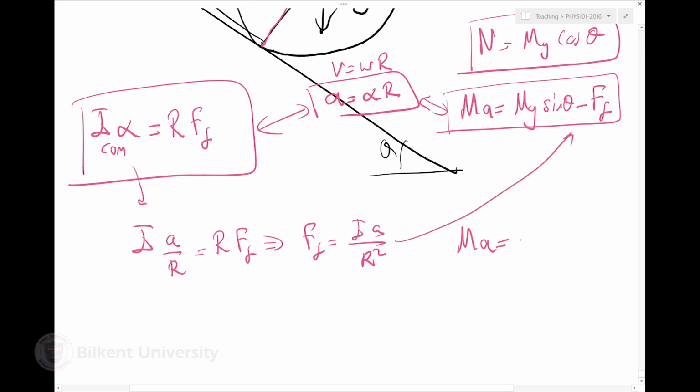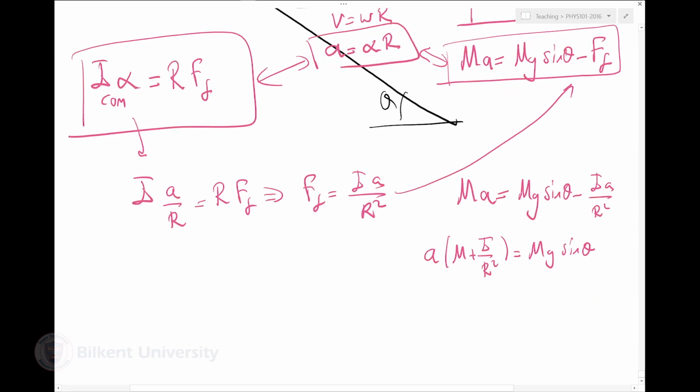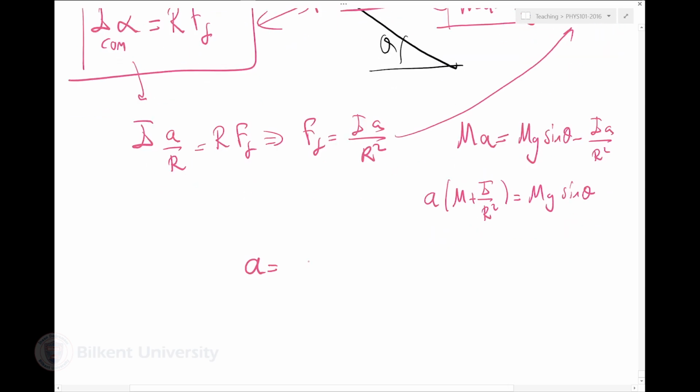M times a is mg sine theta minus I times a over R squared, or a times (m plus I over R squared) is mg sine theta. a is m divided by (M plus I over R squared) times g sine theta.